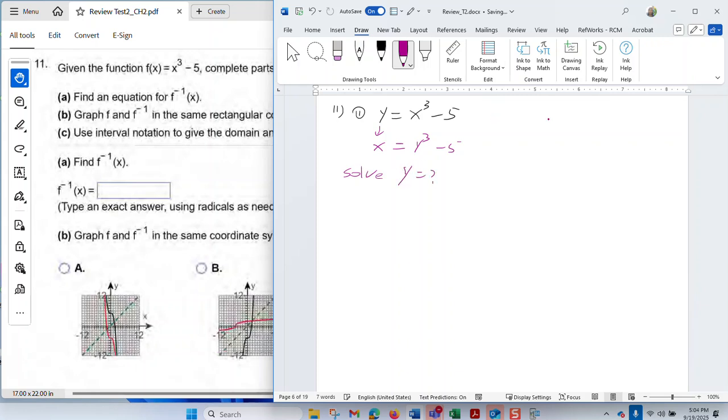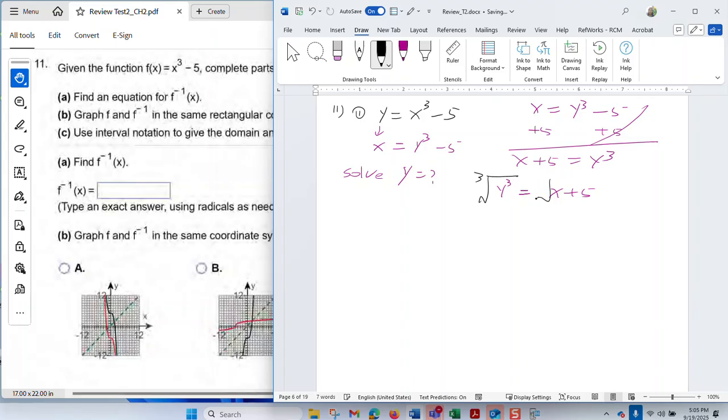So how do I solve for y here? Well, I have to get rid of this 5, so I need to add 5 on both sides. So this cancels out, and this will be x plus 5. So now I have y cubed equal to x plus 5. How do I solve for y here? Well, if you want to have 1 y, you need to take a cube root on both sides.